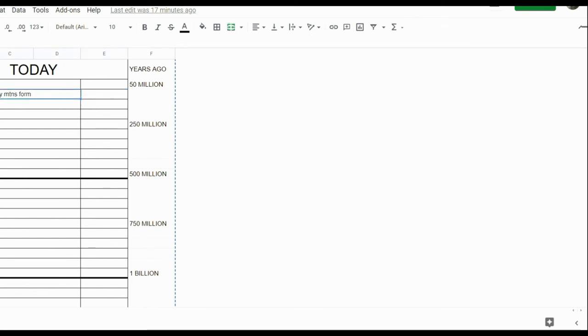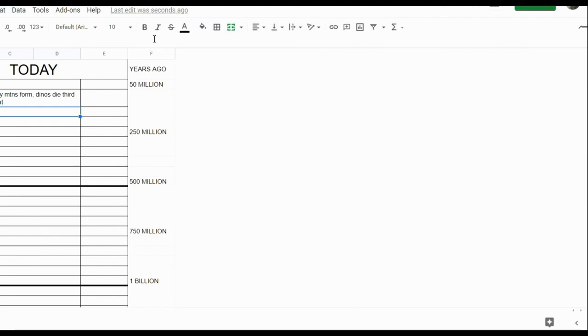If there's more than one that goes on the same line, there's several boxes. You can put one in each box. If you have more than 3, just put a comma and put the next event in there as well. You can also wrap your text up here. So if you have too many to fit on the line the way it's set up, put a comma, put the next event, keep doing that.